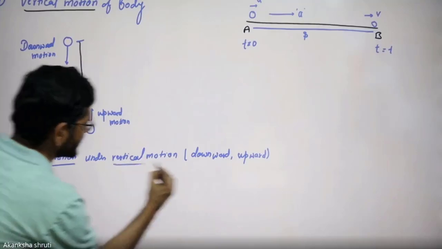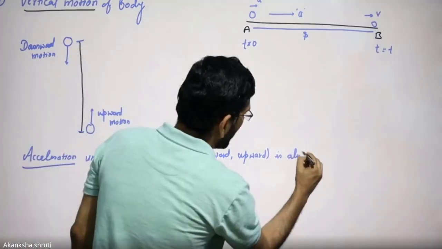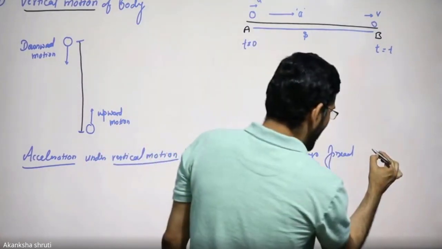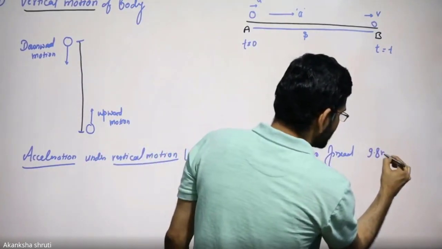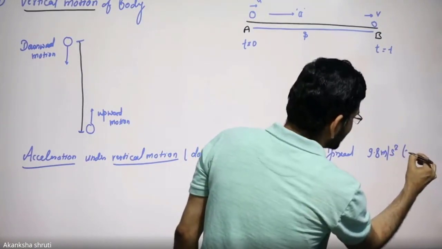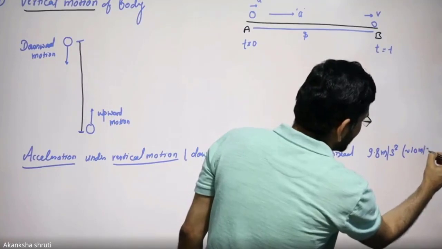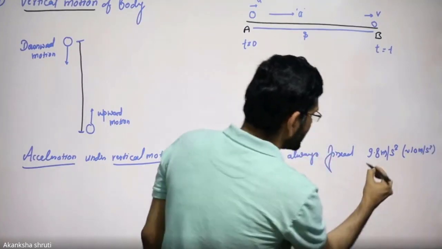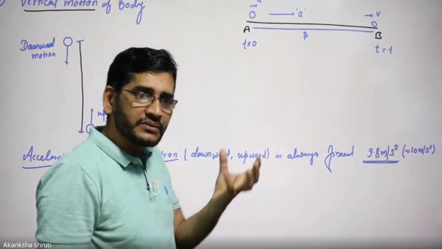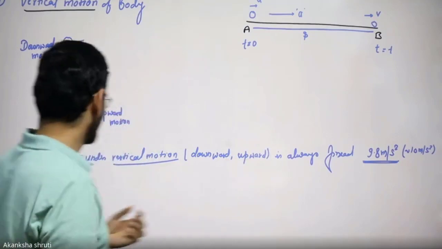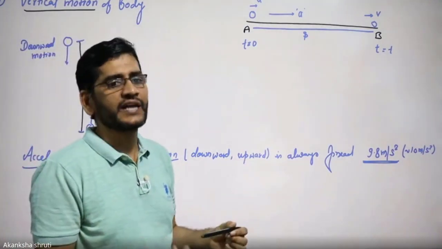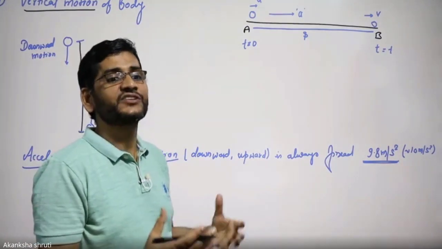Acceleration under vertical motion is always fixed, and this value is 9.8 meter per second square, or approximately we take it as 10 meter per second square. Why is it fixed? Due to the earth's pull, which is always constant, even for a heavy body or a lighter body. That is called acceleration due to gravity.